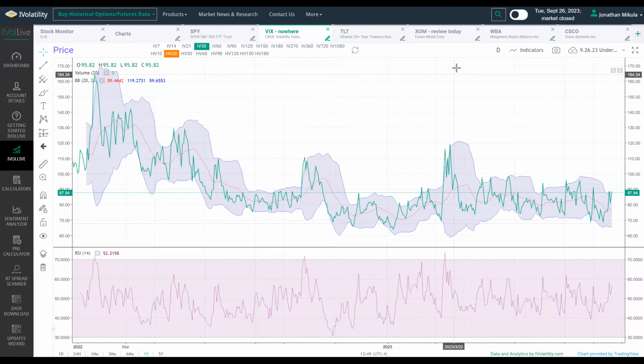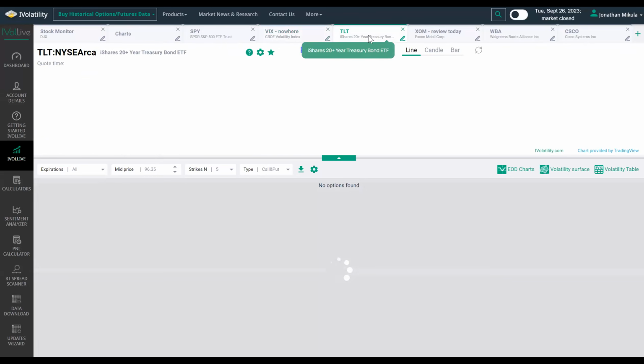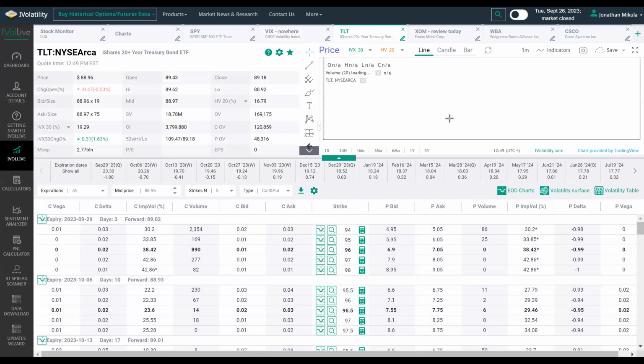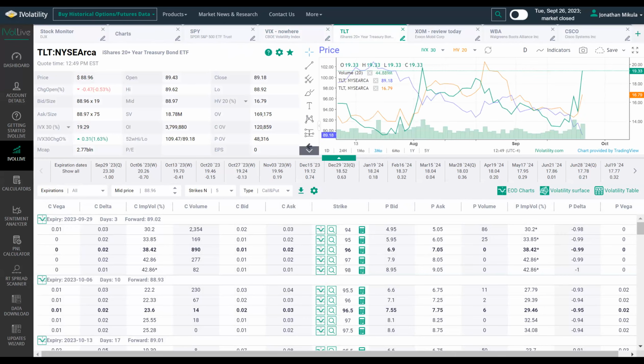And what I can do now is pull up any chart. So I could come here to TLT. This is another one of my favorites because it analyzes interest rates. And recently, not at all times in the market, but recently, since the Fed has started raising rates and tightening, the direction of interest rates has been an interesting market mover.